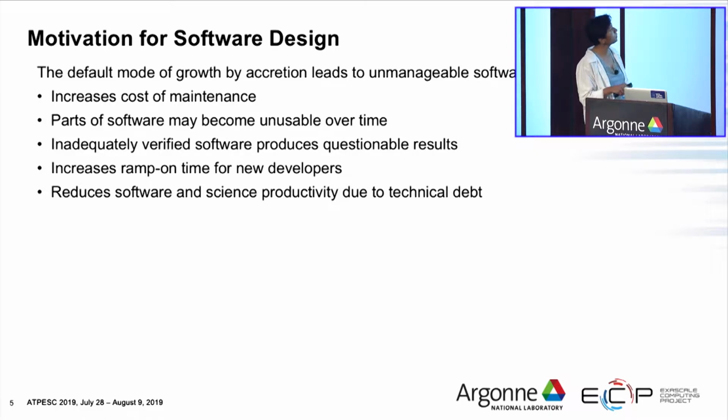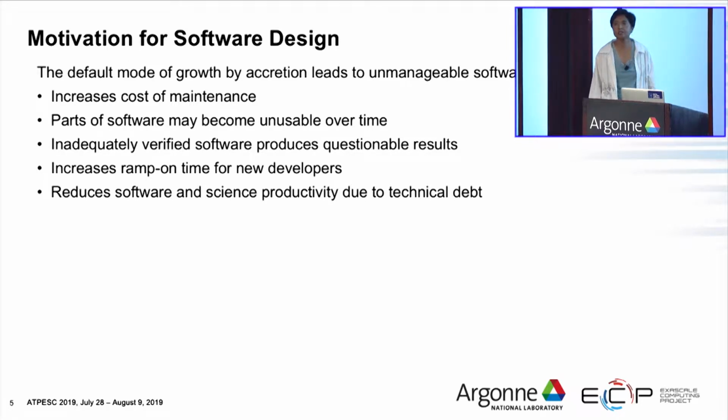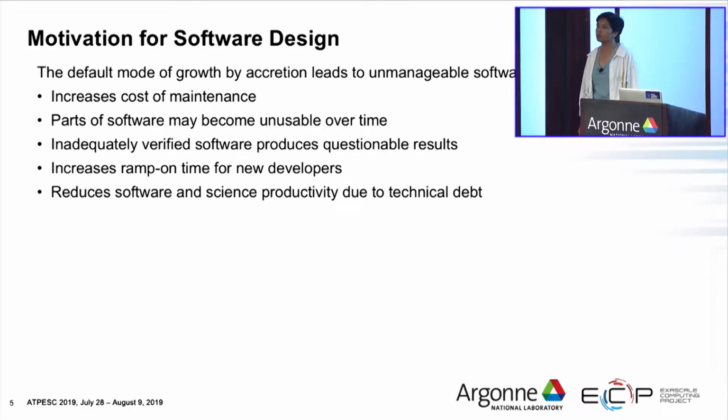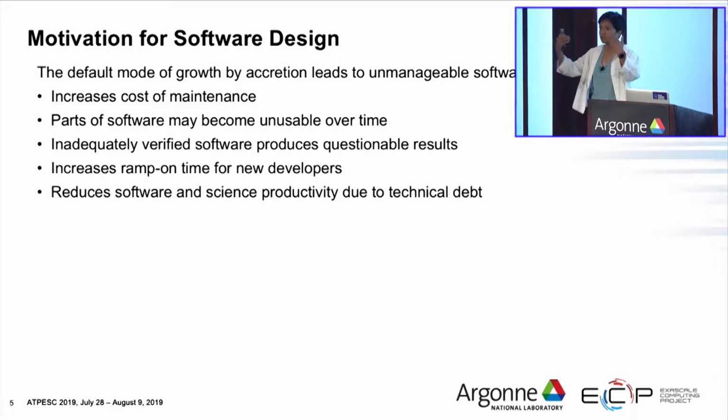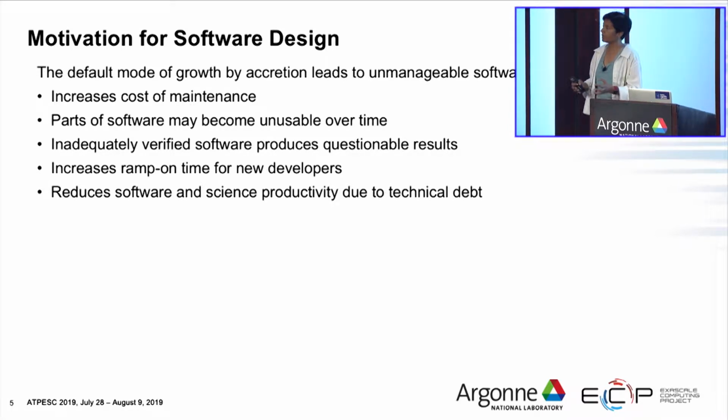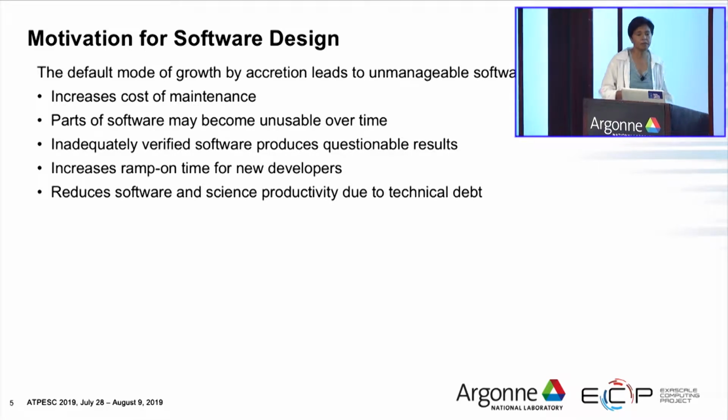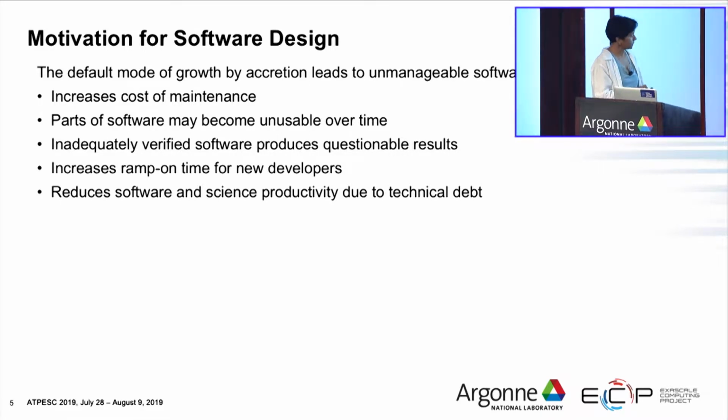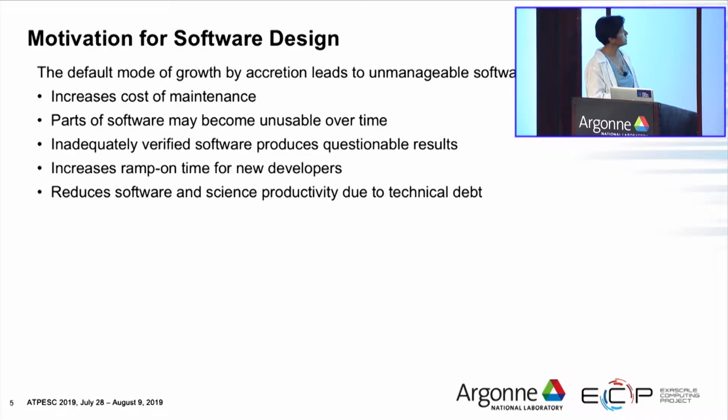Because at some point, your software gets to a point where the results that it is producing become questionable, because it has accreted so much into it that you don't really know a way of properly testing it. And so what this does is it reduces software and science productivity due to technical debt. And I'm sure Catherine introduced the concept of technical debt.